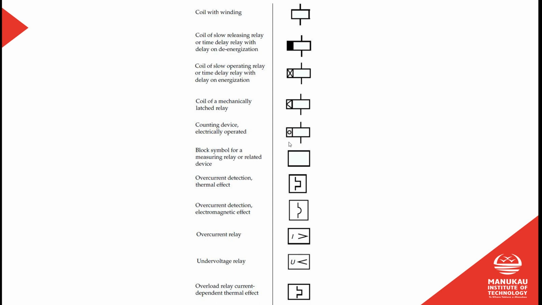If we ever manage to get back into a classroom together, we will do some sort of practical where we use contactors. But for the purposes of today, what we need to know is that a contactor or a relay has a coil and switched contacts, which are switched by the coil, and these are various ways of drawing that coil, the top one there being probably a generic one.